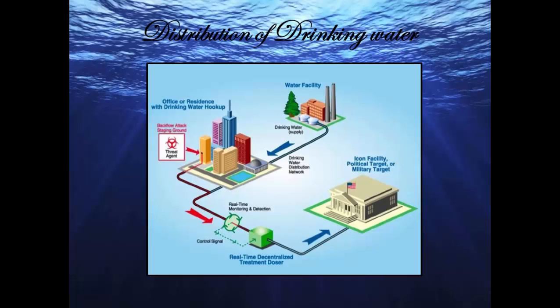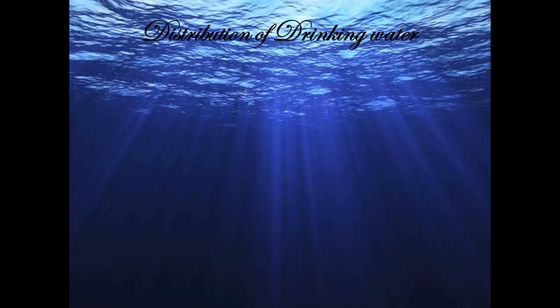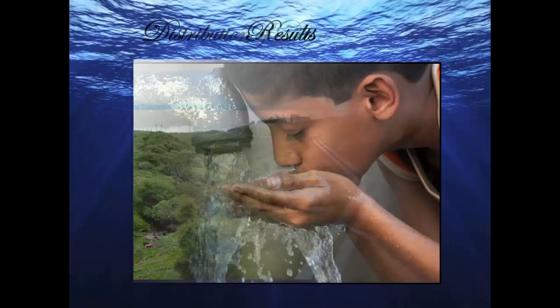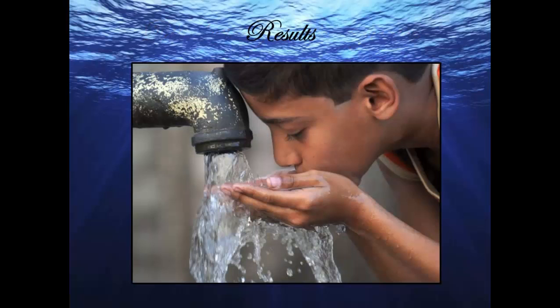In other cases, when the water is supplied by pipe cars, it goes from the plant to the remote area. The result of this is that you can have potable water in your home, coming from your pipes without hazard, and you can drink it.